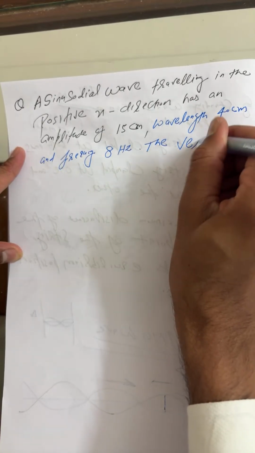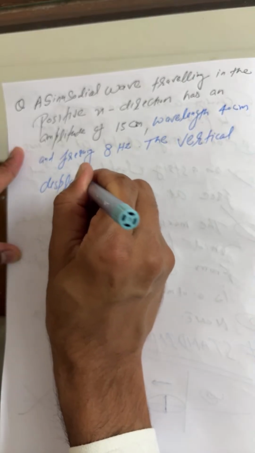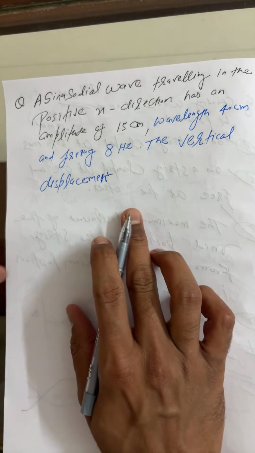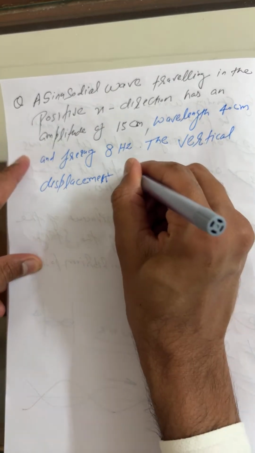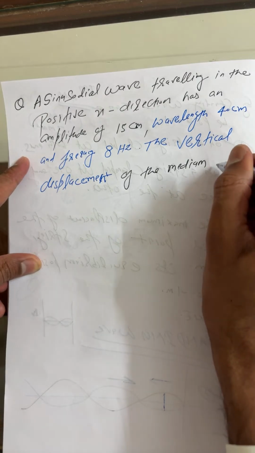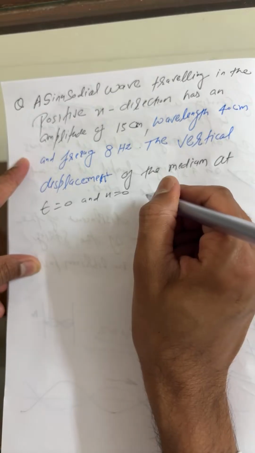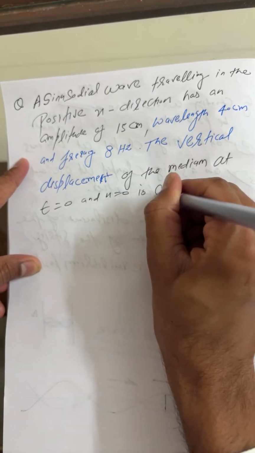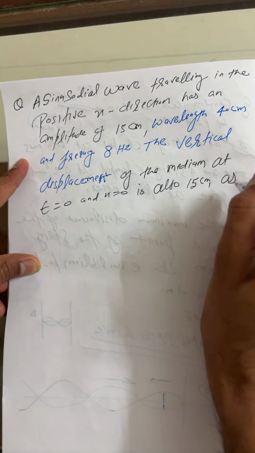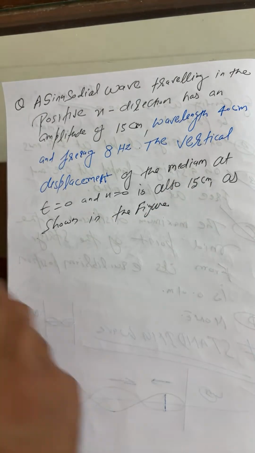The vertical displacement of the medium at t equals 0 and x equals 0 is also 15 centimeter, as shown in the figure, right, my dear?